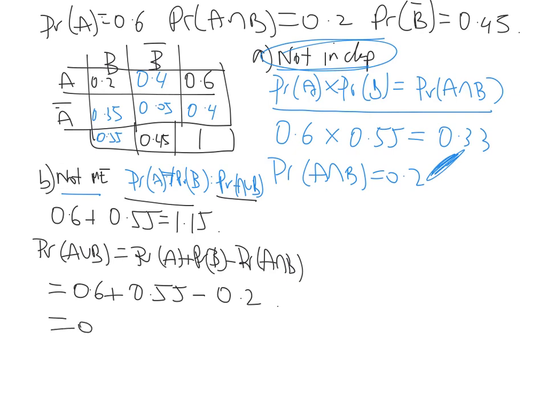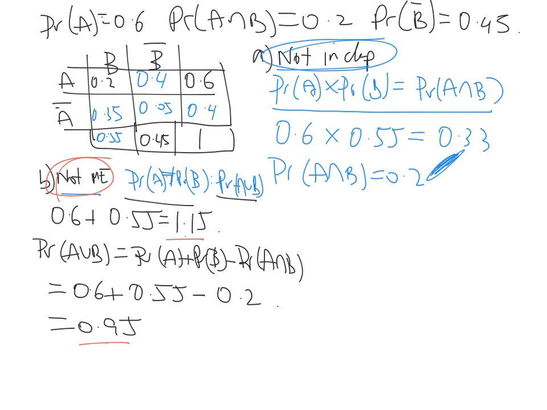This gives us 0.95. Now, 0.95 and 1.15 are two different things. Therefore, because these two are not the same, we say that the events are not mutually exclusive.